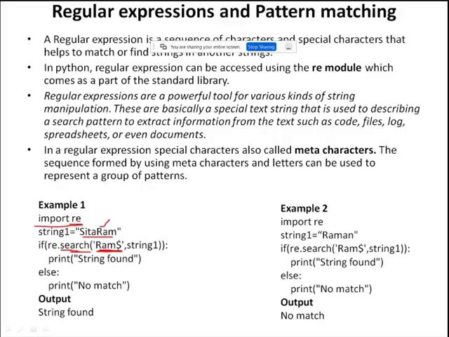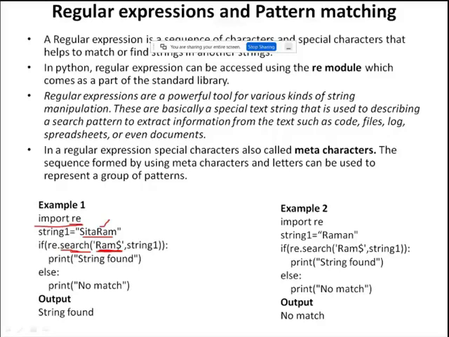So here what is the pattern? Ram dollar. Ram is only the normal characters. But what is the special meaning of dollar here? All the meta characters have some special meaning in regular expressions.